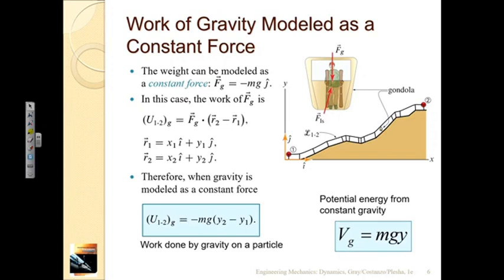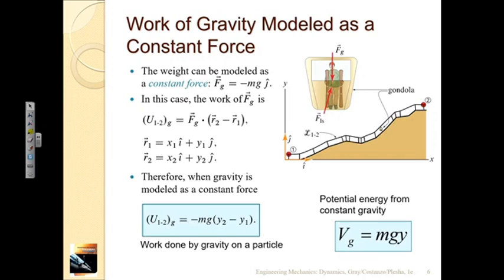So if I got r2 minus r1, x2 minus x1 in the i, plus y2 minus y1 in the j. All right. I screwed that up. So sorry, I screwed up my unit vector for my force. My external force is in the minus j direction, so I quick change that i to a j.